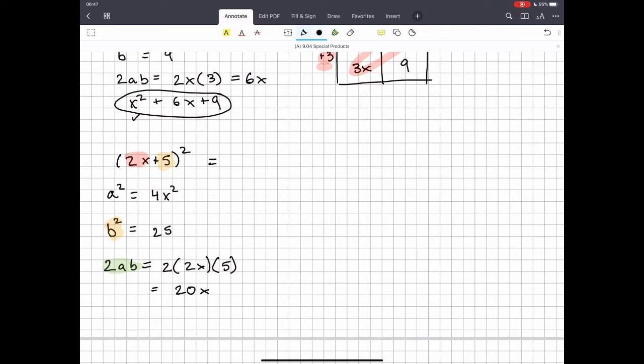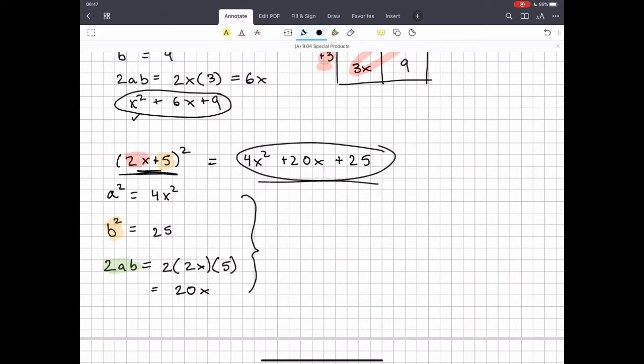And if I put all of this together, I get 4x squared plus 20x plus 25. And there's the answer. So I like to do this on the side to keep track. If you're good at this and you get the hang of it, mentally you can go straight from this to that.